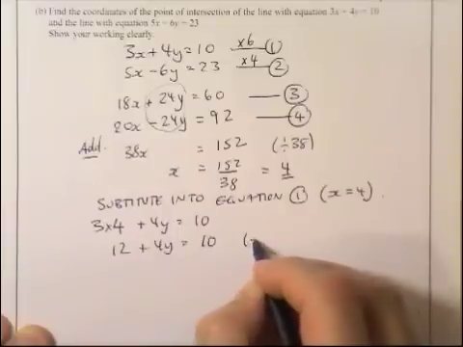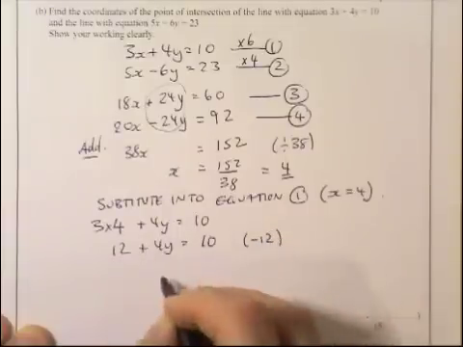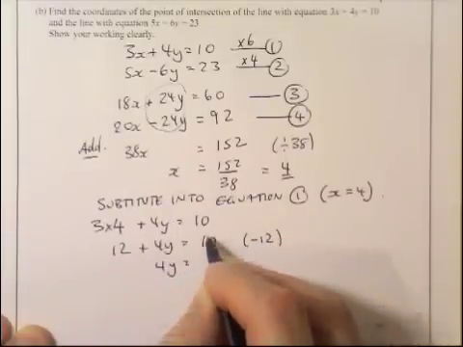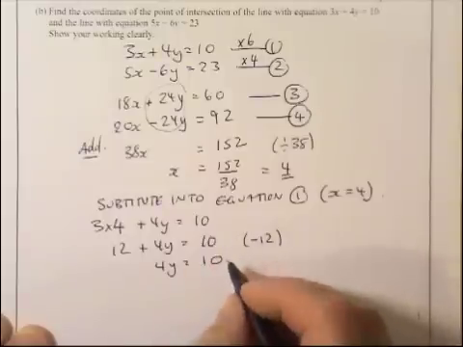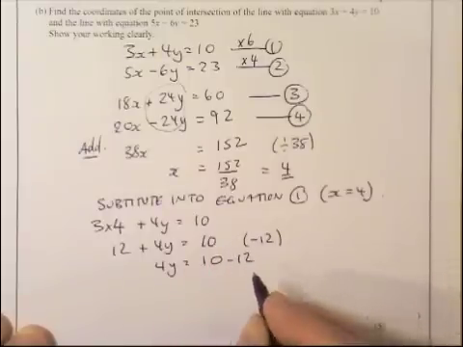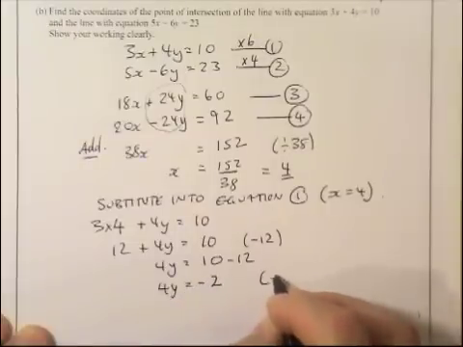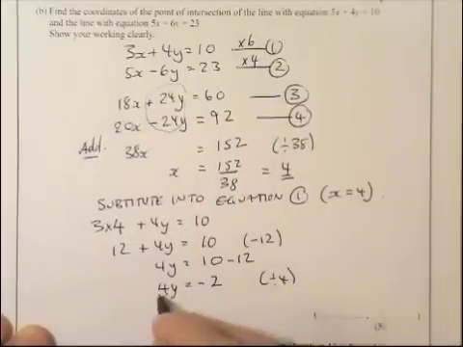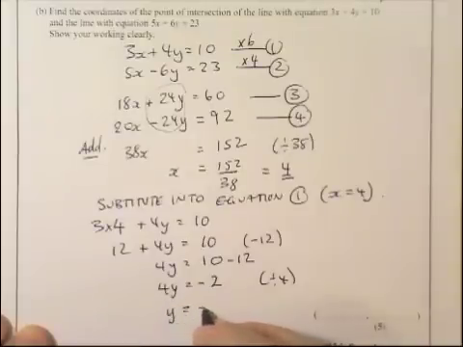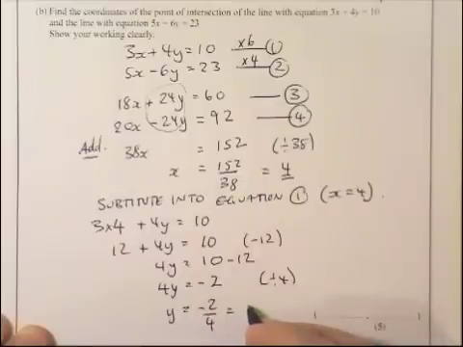If I take 12 from both sides, I have 4y equals, and don't forget I've got to take it from the right-hand side as well, 10 minus 12, so 4y equals minus 2. Now if I divide both sides by 4, this becomes y equals minus 2 over 4, that is minus a half. I'll write it as minus 0.5.